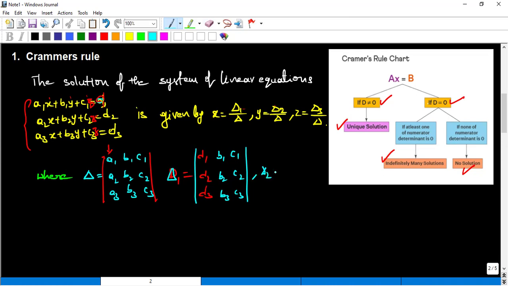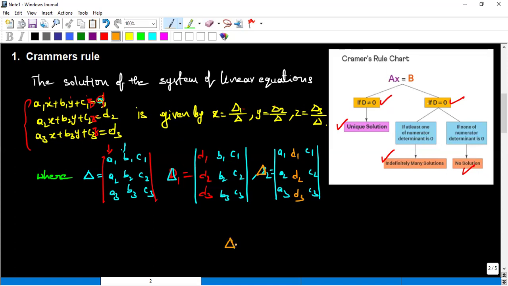Then delta 2: you will replace the second column with d1, d2, d3. So the first and last columns come as they are: a1, c1, a2, c2, a3, c3, and the second column is replaced with d1, d2, d3. This is delta 2.